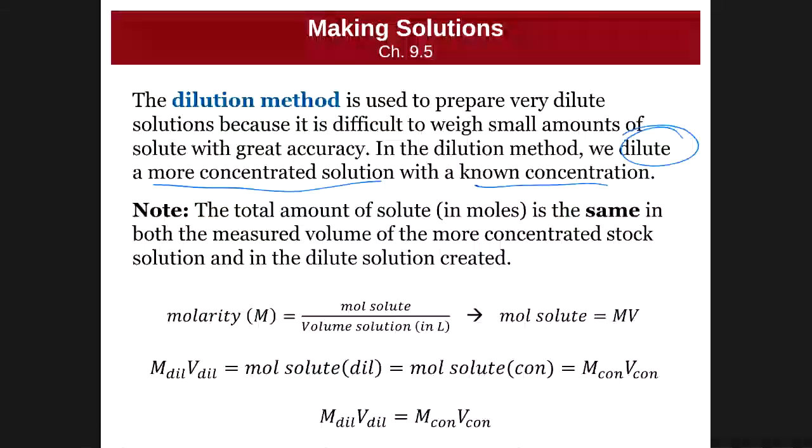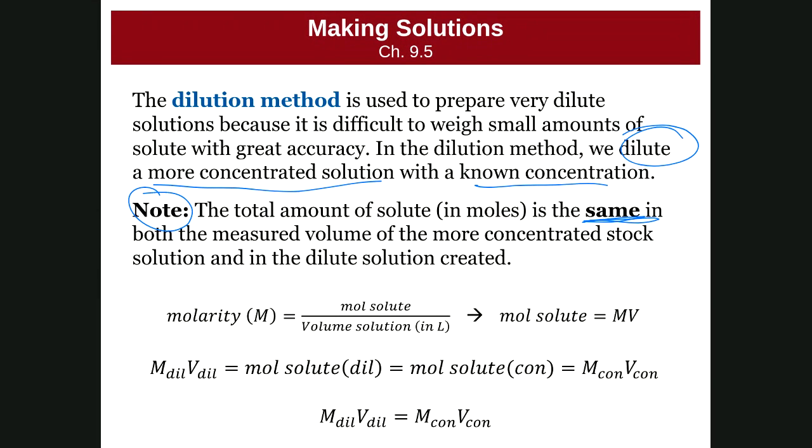So we are going to make a concentrated solution with a known concentration because it's easier to weigh out a larger amount of our solute, and then we're going to dilute it down by adding more water. So the thing to note here is that the total amount of solute in moles is the same in both the measured amount of the concentrated stock solution and in the final dilute solution.